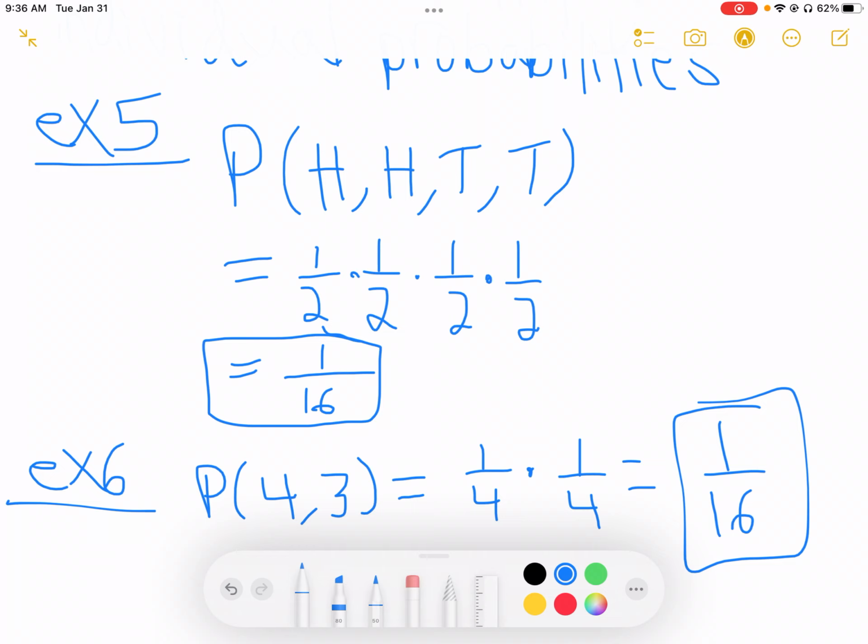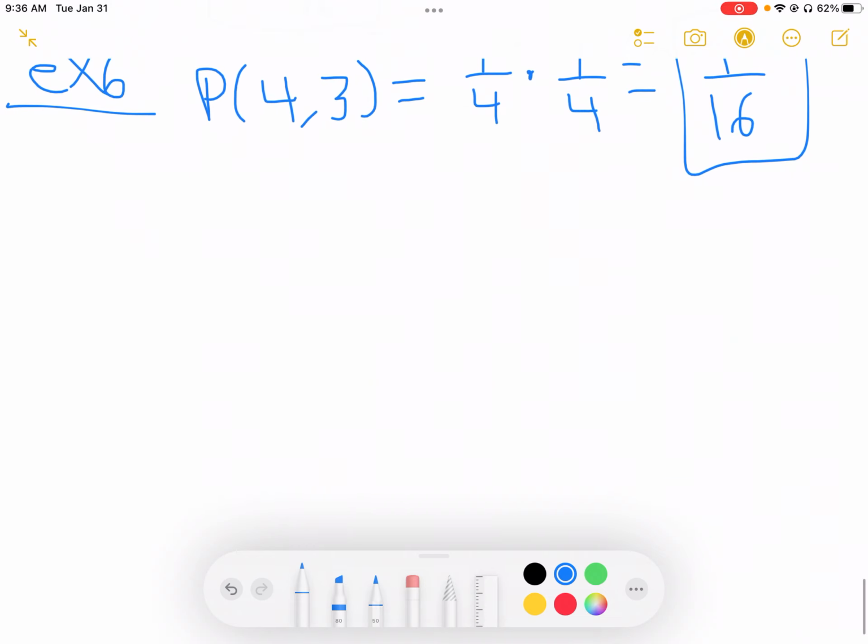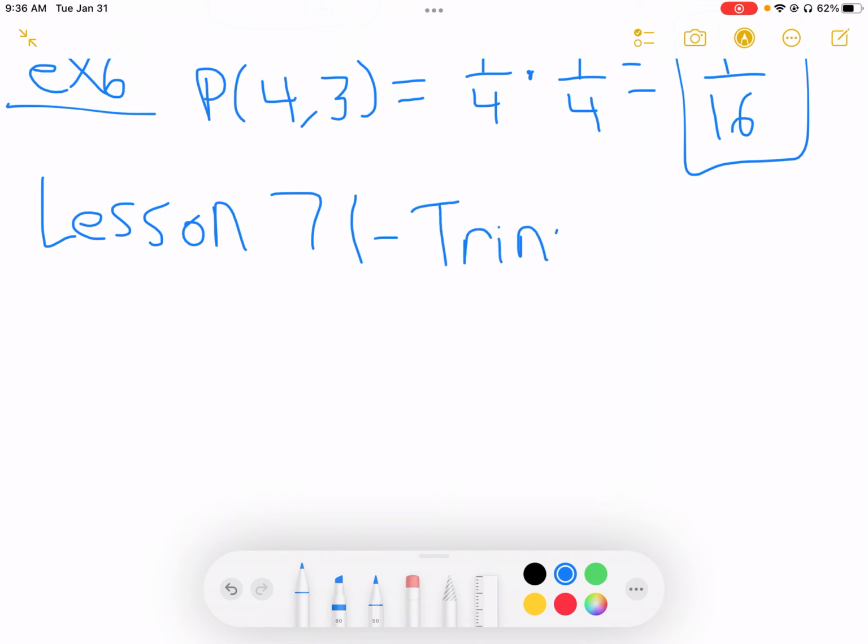lesson 71. Alright, so lesson 71, our last lesson here. We'll talk about trinomials with common factors, and then subscripts.